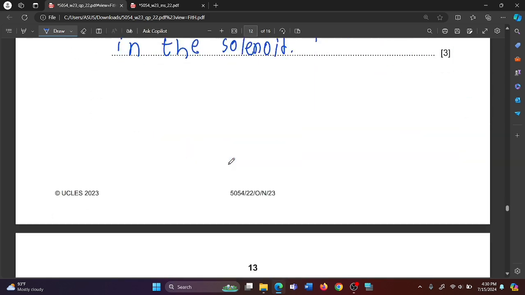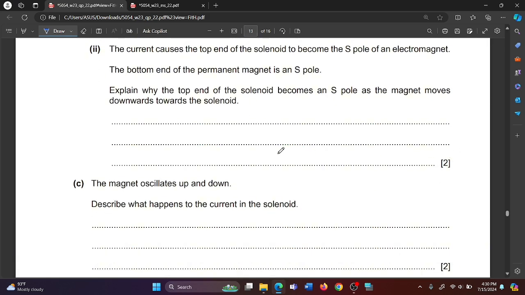Now we need to write this answer in a brief way. There are only 2 marks. Let's write. According to Lenz's law, there is not much space, thus we need to write with small letters. L-E-N-Z-S, Lenz's law.